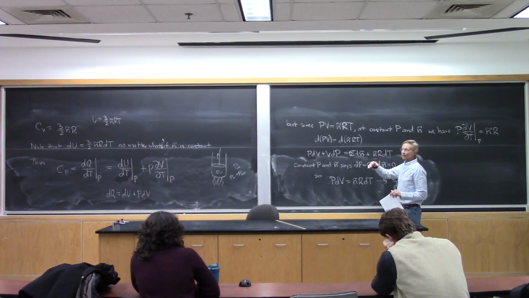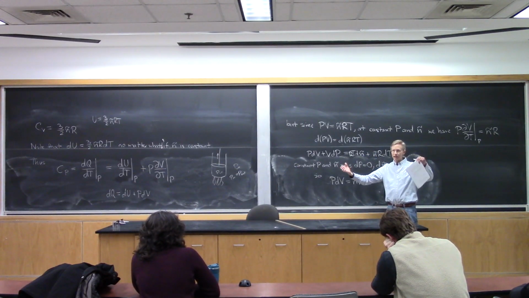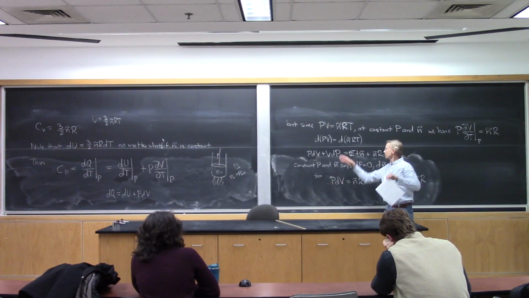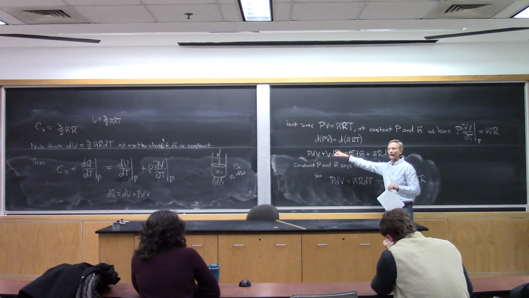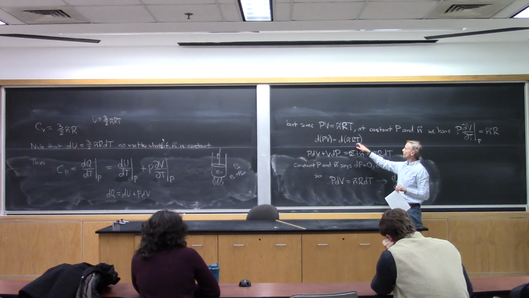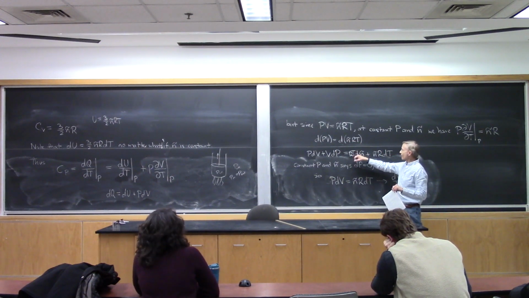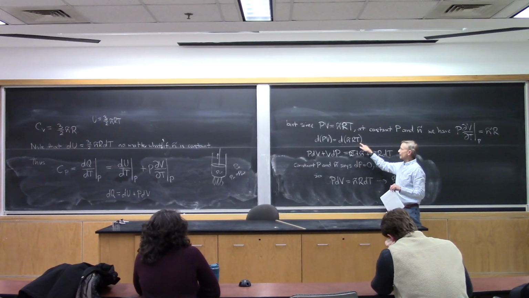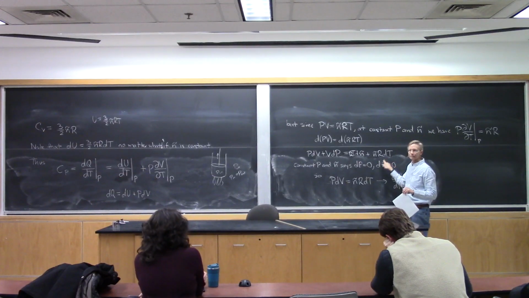And the differential of fg, generically, is f dg plus g df. R is a constant I can factor out. So the differential of N tilde RT is R times dN tilde times T plus N tilde times dT. And that's what I've written.